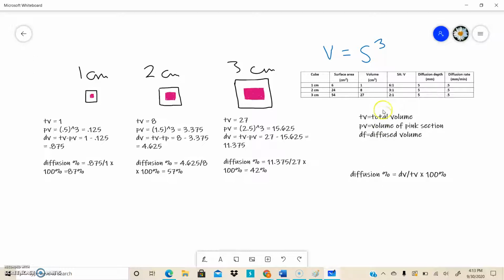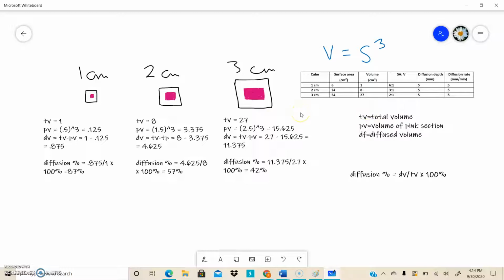You have the volume of the entire cube already given or found from your previous work. We're going to call that volume total volume. So TV is going to be my total volume of the entire cube. I have 1 centimeter cube, 8 centimeter cube, and 27 centimeter cube. That is my total volume.